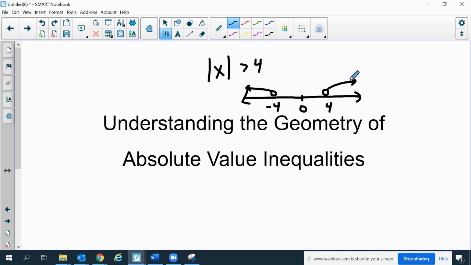So that means 5 would work, 6 would work, 7 would work, 3,000 would work, but also -5, -6, and -3,000, they would work too because those distances are greater than 4 from the center of my graph, which is 0. And how do I know the center of my graph is 0? What happens if I substitute in 0? I would get 0. That would be the smallest distance that I can possibly have, right?